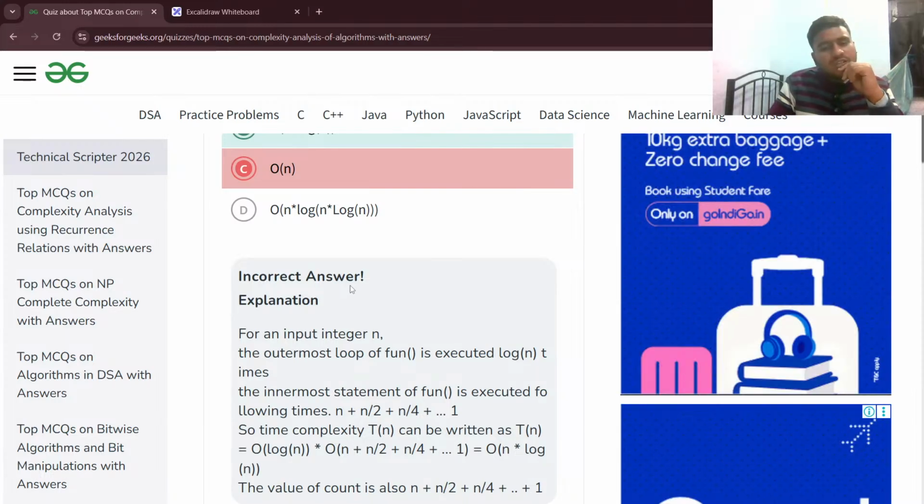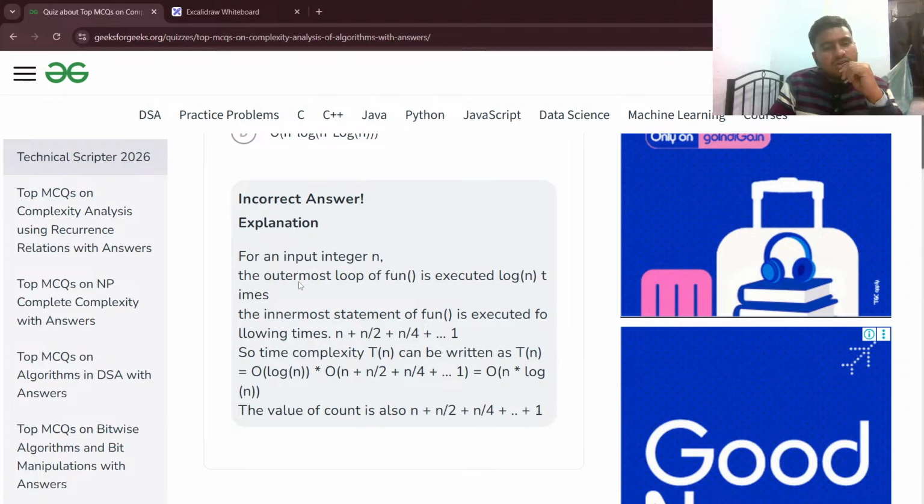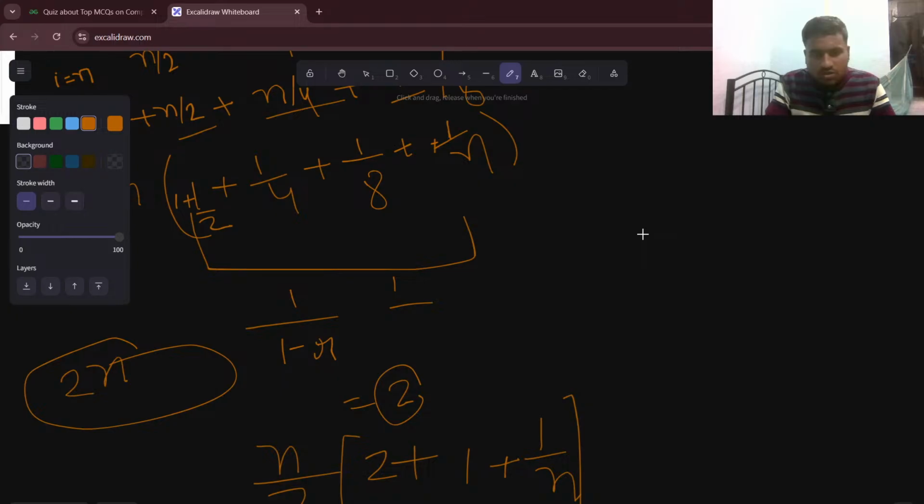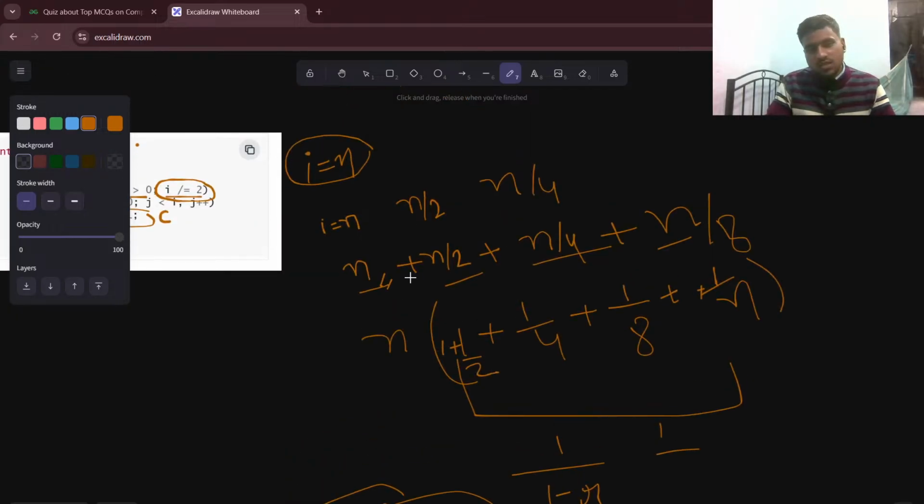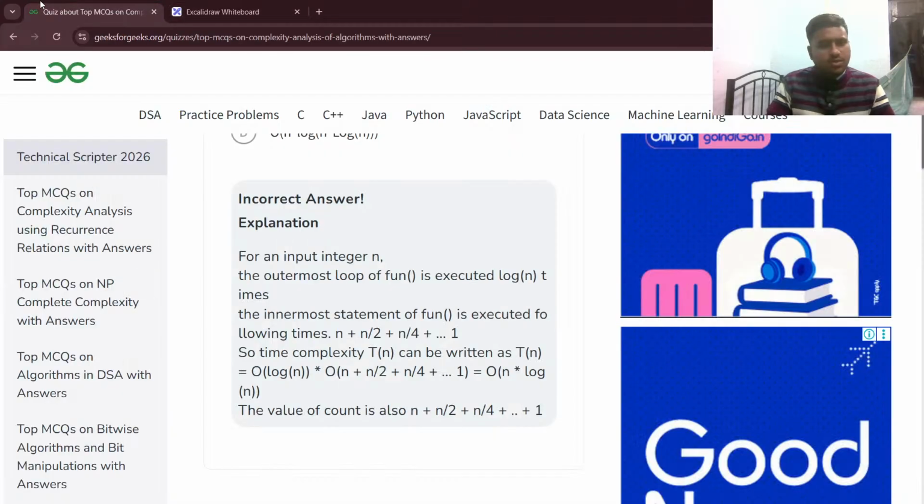The outermost loop of the function is executed log n times. Okay, I understood why my solution did not give the correct output, because this runs n times, this n by 2, this n by 4, so the total would be n.